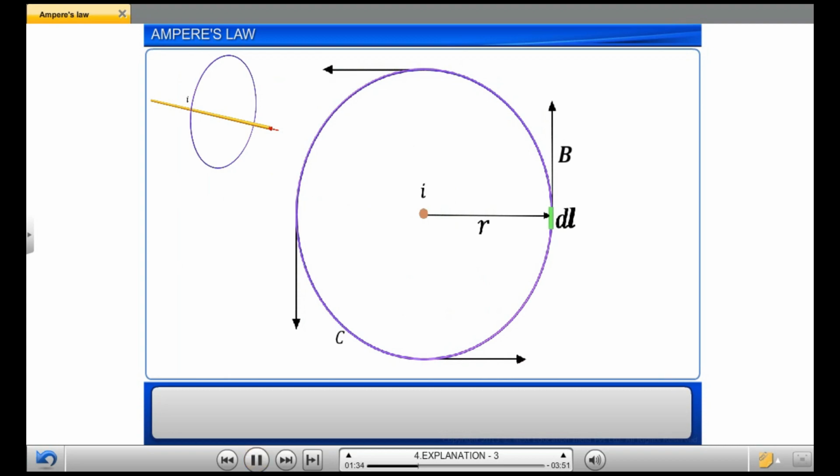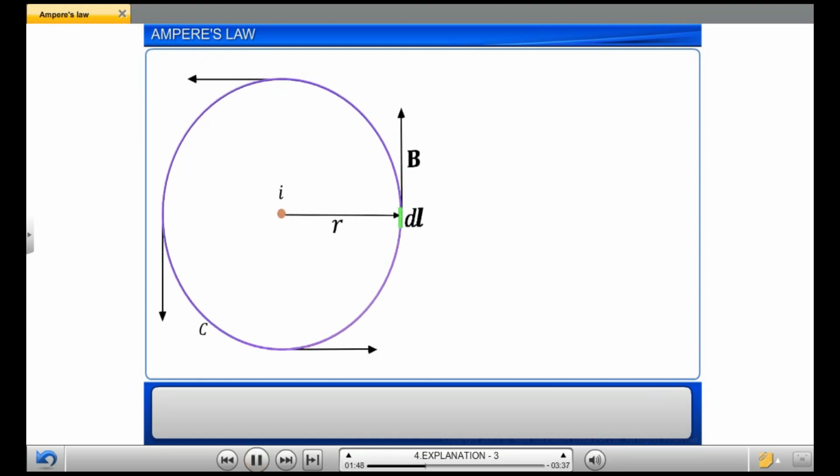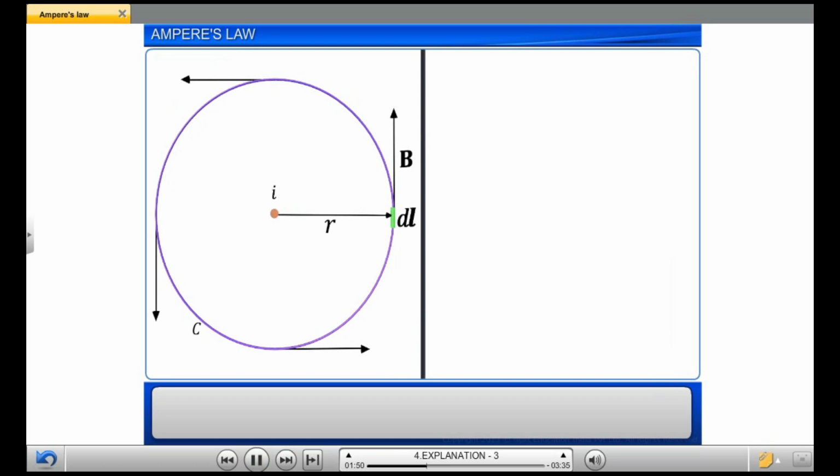The magnetic induction, B, at the small element of the Amperian loop, due to the current passing through the conductor, is tangential to the small element of the Amperian loop. We know that the scalar product of magnetic induction and the length of the small element, B dot dl, is equal to B dl cos theta.